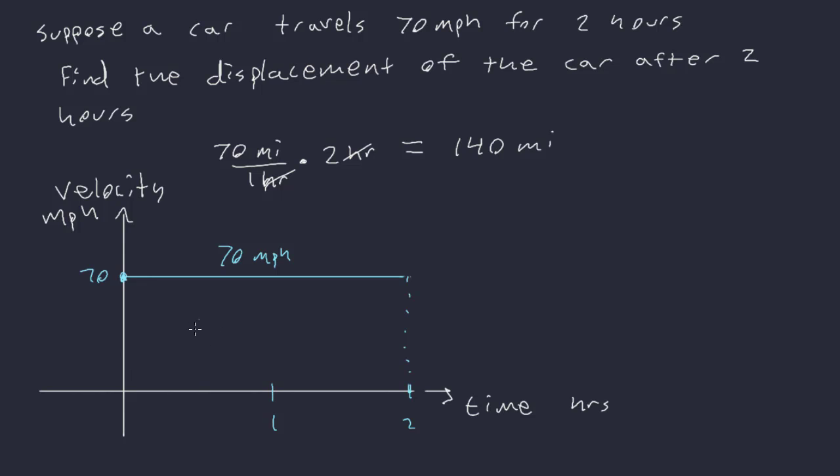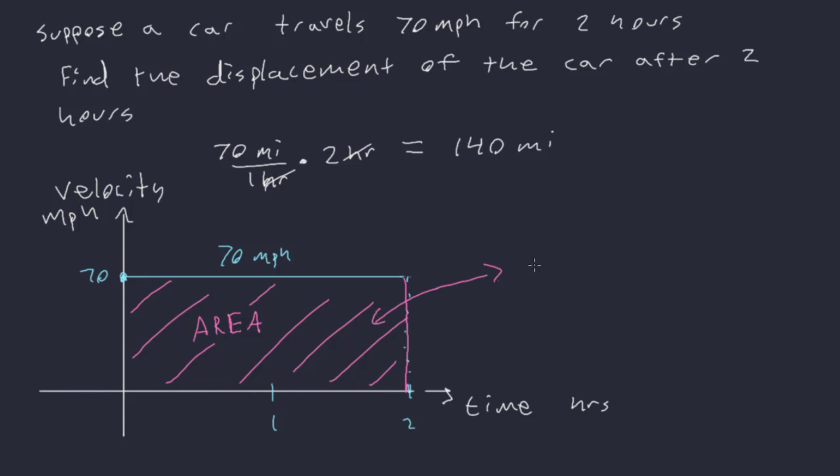Now, if we found the area between this curve and the t-axis, that area is going to correspond with the displacement. The area will be the base times the height.